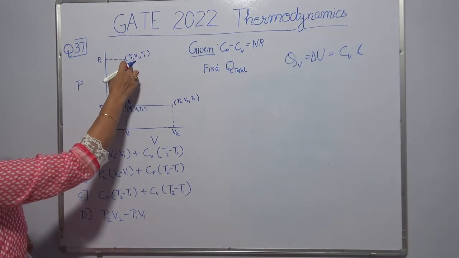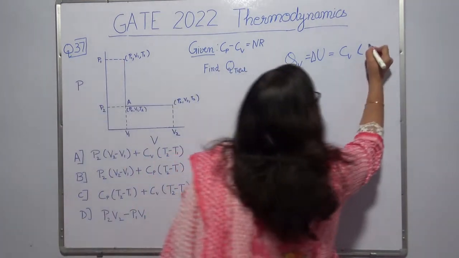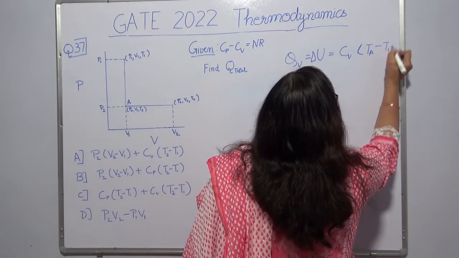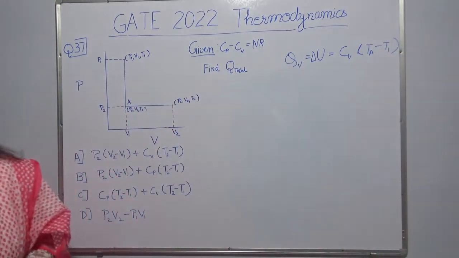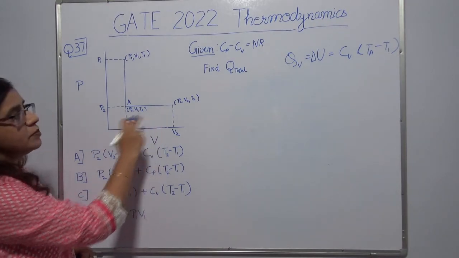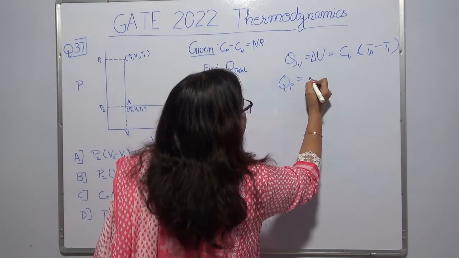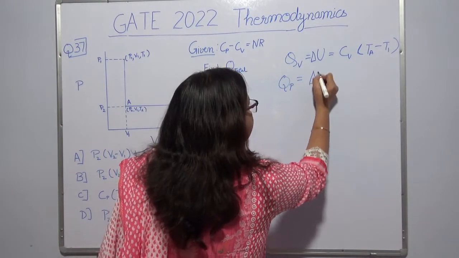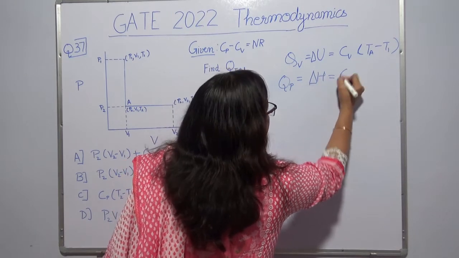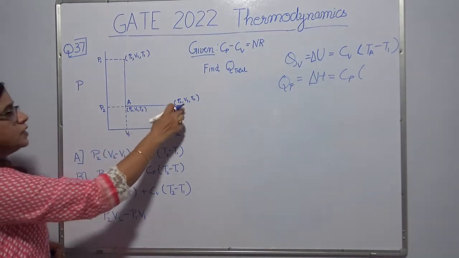It is going from T1 to TA, so I will write TA minus T1. For the next process, which is constant pressure, the Q is again equal to your delta H, that is Cp, and what is the difference in temperature? That is T2 minus TA.